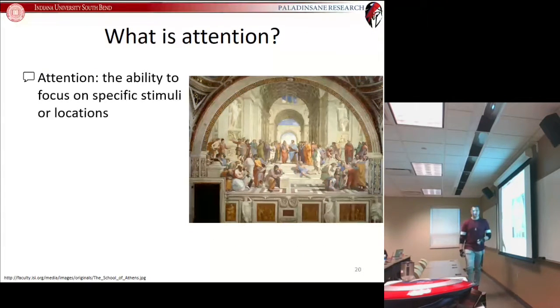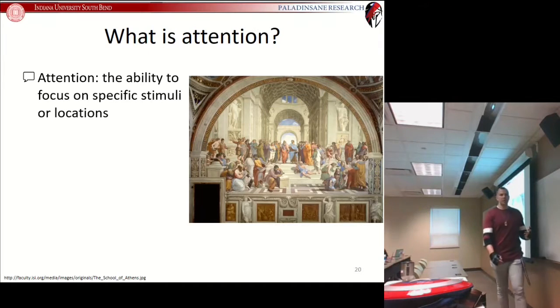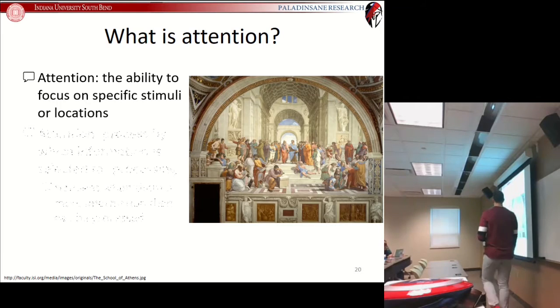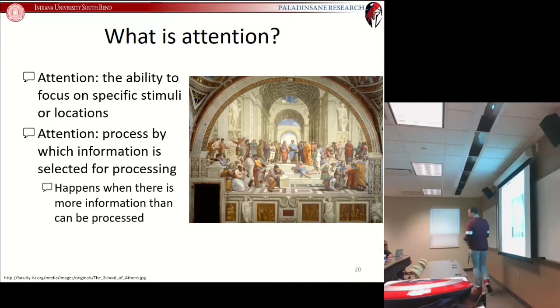So attention is the ability to focus on specific stimuli or focus on specific locations. And attention is also the processes by which that information is selected for processing. So it's not just the actual processing of the information, but it's also how do we choose that information.